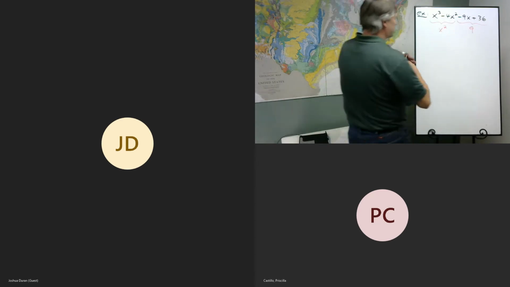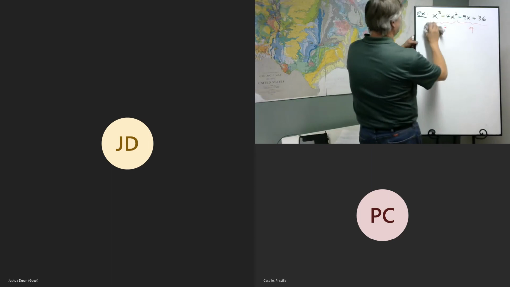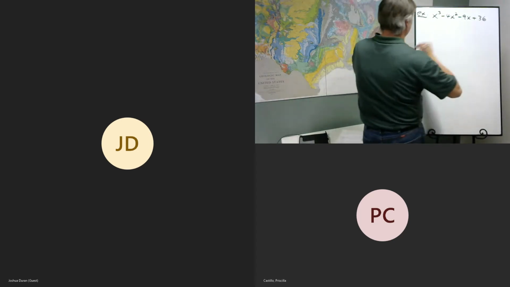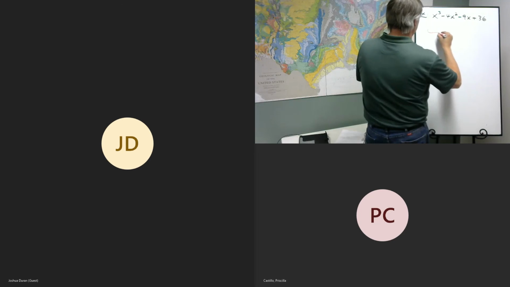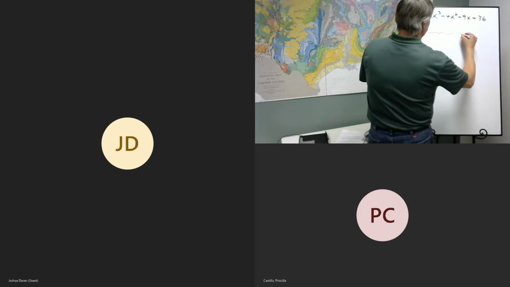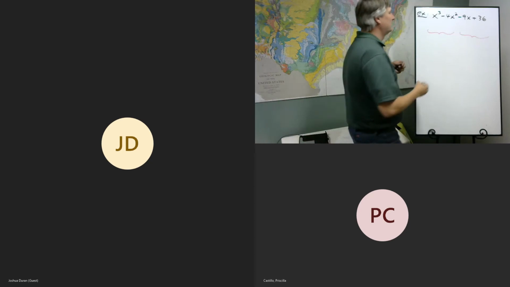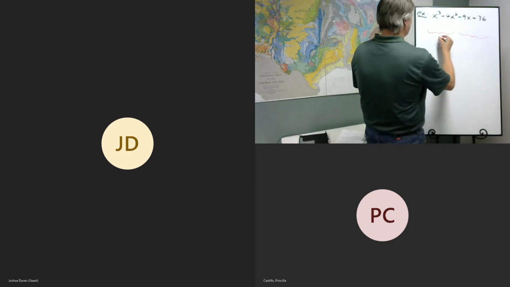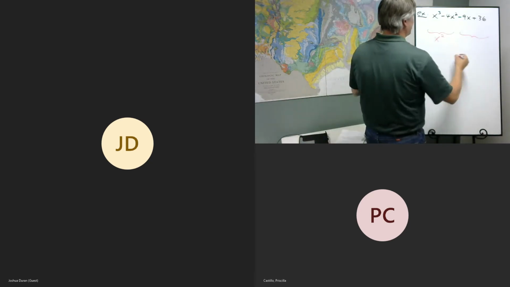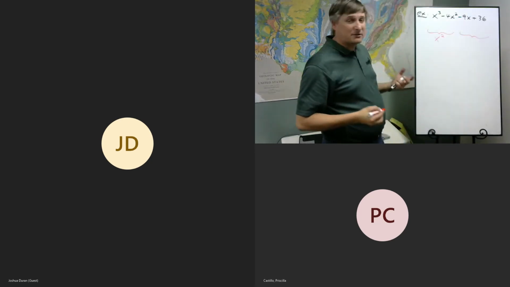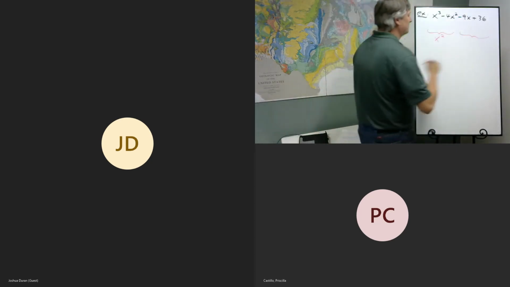Let me start over again. We can take a look at what's common. So again, we can get an x squared. And then here, what we can do is factor out a negative 9.